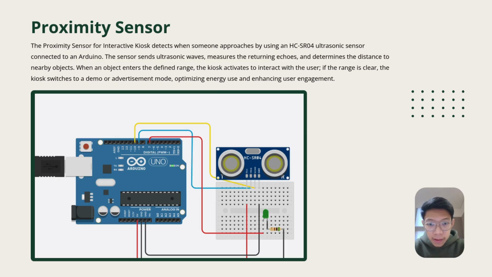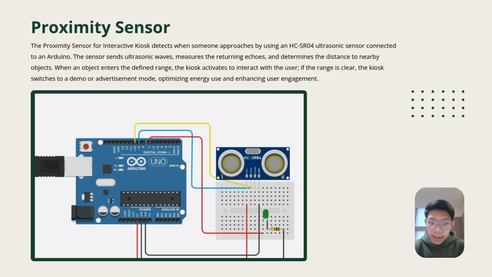If the sensor detects an object, we set the Arduino and the code to immediately turn on the kiosk. This feature is demonstrated here using a light bulb. If the object gets closer and the sensor detects it, it will turn on the kiosk, which is a light bulb in this case.